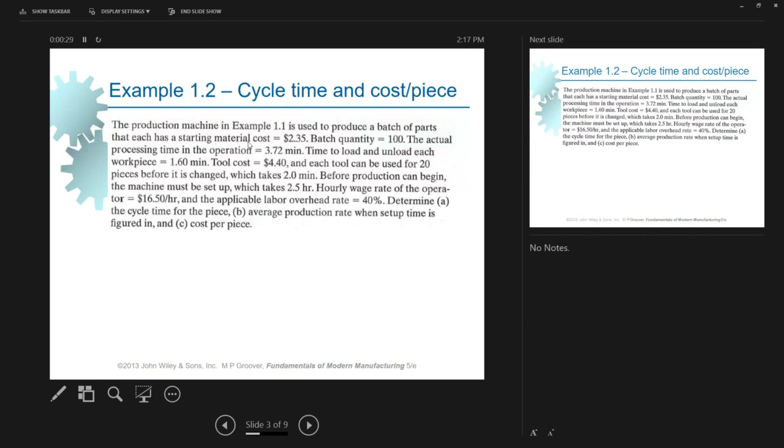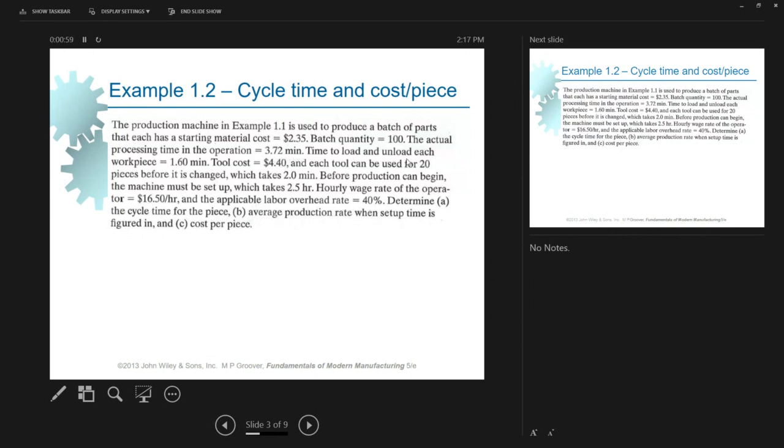What parameters define this? The starting work material cost, CM, is the parameter representing this on the equation sheet. The batch quantity, or capital Q, is given to be equal to 100. The actual processing time in the operation, TO, is given as 3.72 minutes.